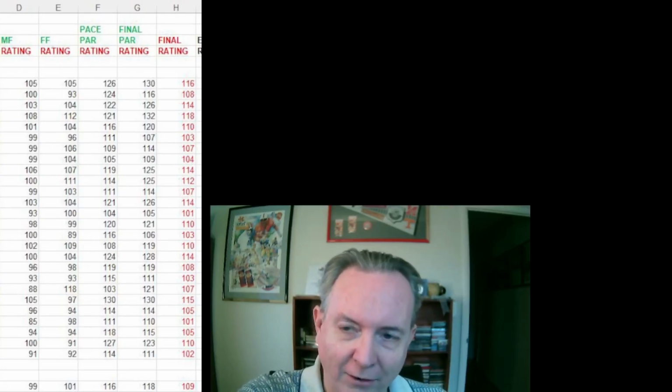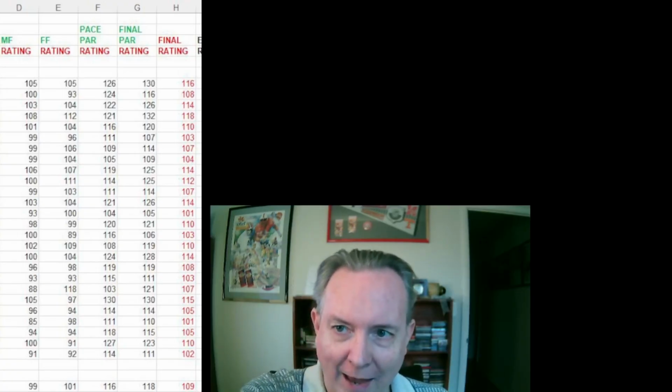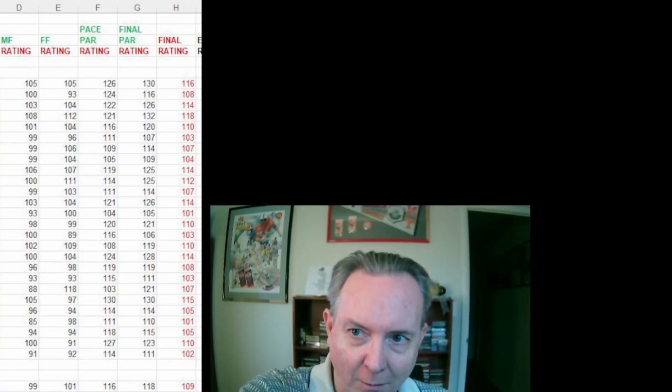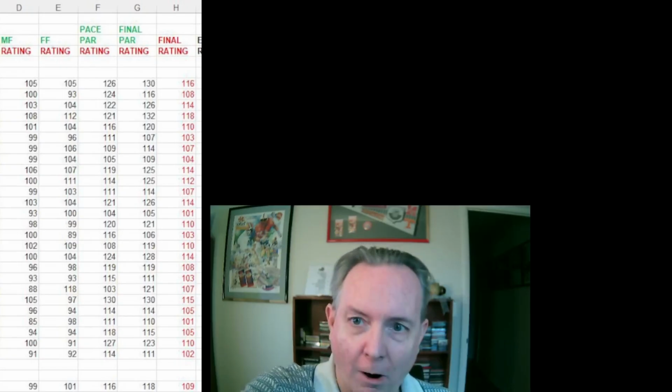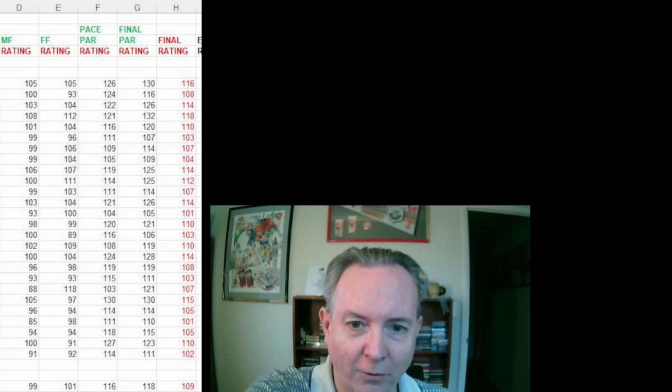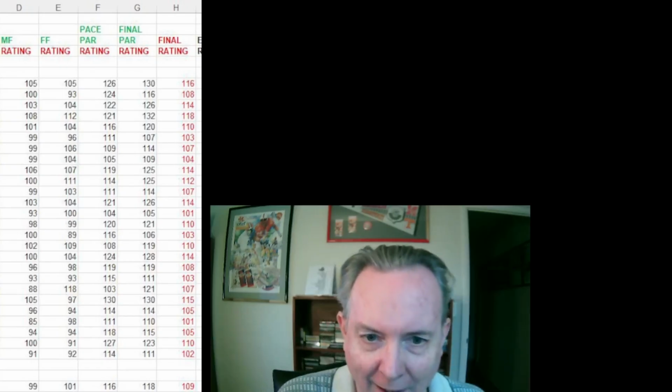But what this is really good at doing is it lays out in one spot exactly what my numbers generate from the middle fraction and the final fraction, but then right next to it are Dave Schwartz's parstreet.com's par numbers, and you throw them all together and you come up with one great number. So then you've got a really good number, such as from the 115, 108, 114, etc. And then when you compare that to the class, you can come up with a great class system. And that's the next thing that we're going to look at here.